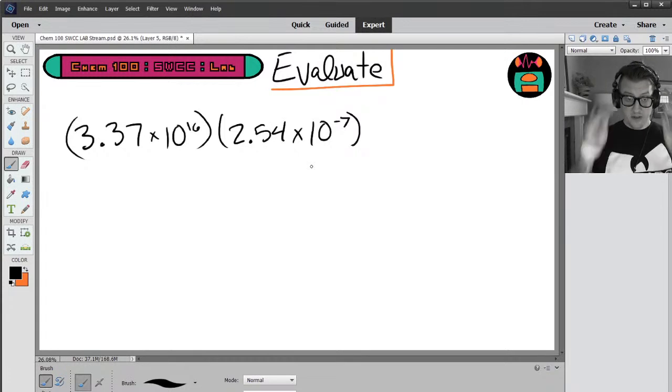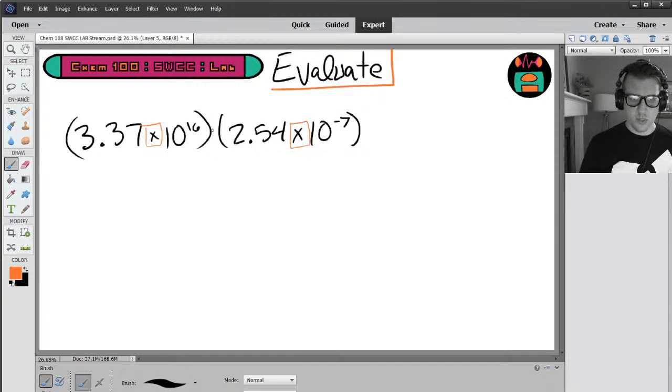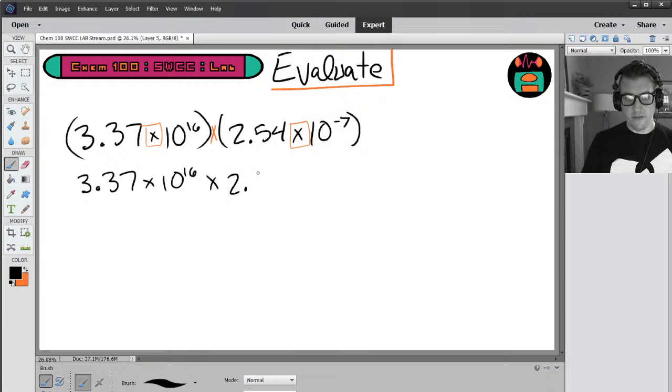Now, first off, one thing you'll notice is the only operation we have here is multiplication. This is multiplied, multiplied, and right here, though it's not written, when you have two parentheses next to each other, that means multiplied. So this is the same thing as 3.37 times 10 to the 16th times 2.54 times 10 to the negative 7th.